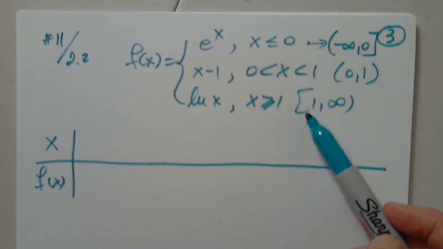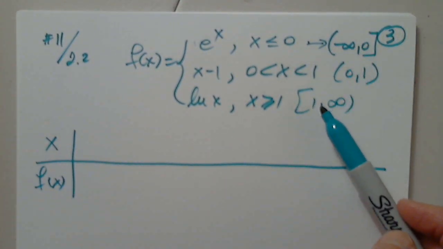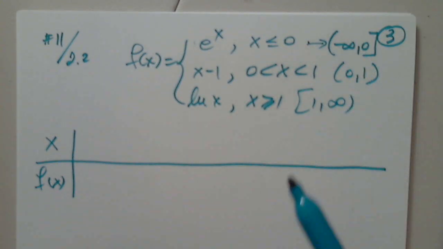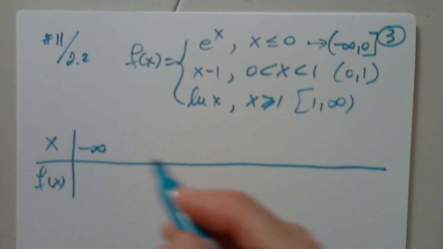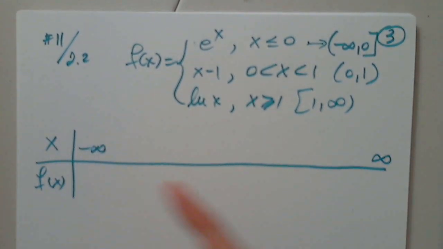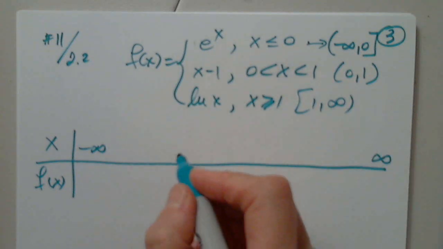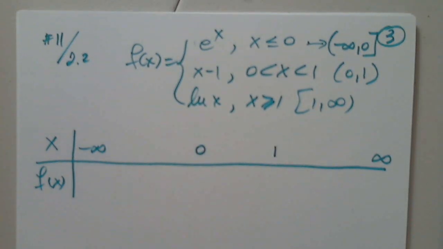Notice that the domain of this function is, Tom, what do you think the domain of this function is? All real numbers? Brilliant. Thank you very much. So in the table, I have to have 0 and 1. Mandatory.